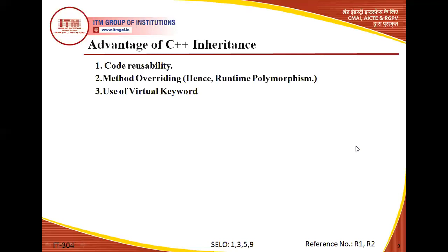Method overriding is a facility which inheritance provides, and the virtual keyword is also related to method overriding. All these things help in the reusability of the code. So these are the advantages.